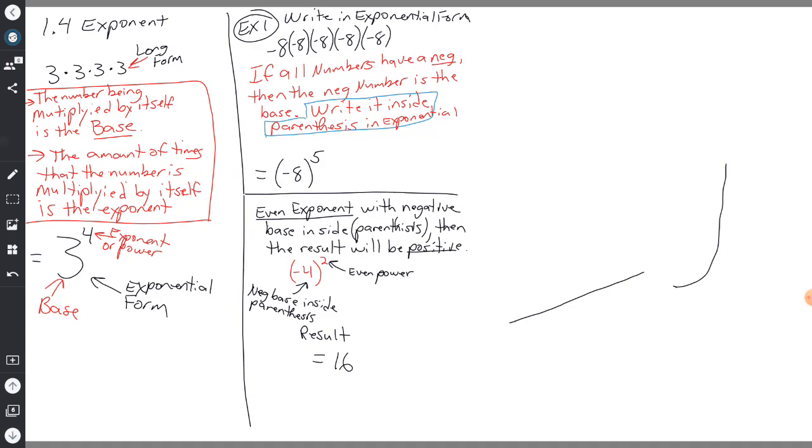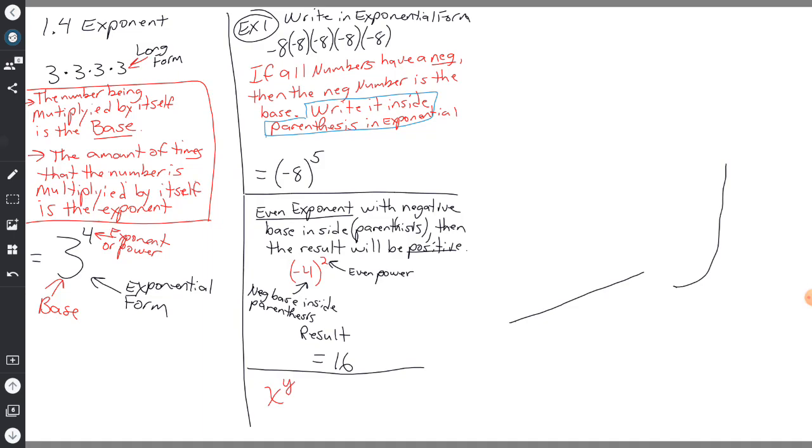So it would be important to know how to use a calculator for something like this. Let's just look at what a typical calculator would do. You will have a button on your calculator. It may look something like this: x to the y, or it might say y to the x.